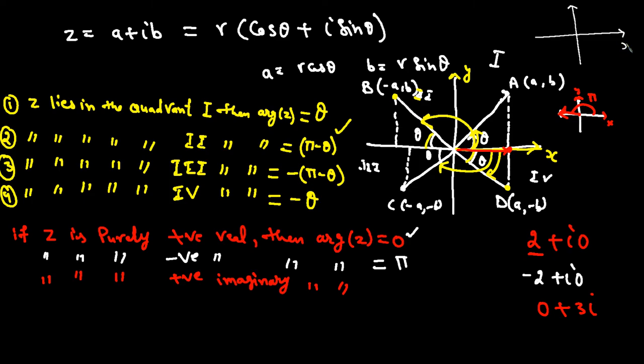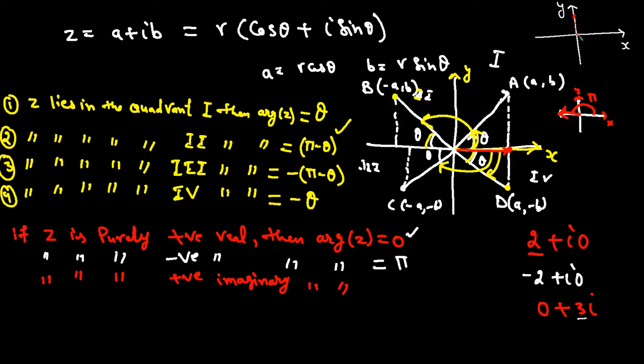so x and y. The x value is 0 when the complex number is purely positive imaginary, there is no x value. The y value is 3, the b value is 3, so we're going to move in this direction 3 units, 1, 2, 3. So my complex number is right here.